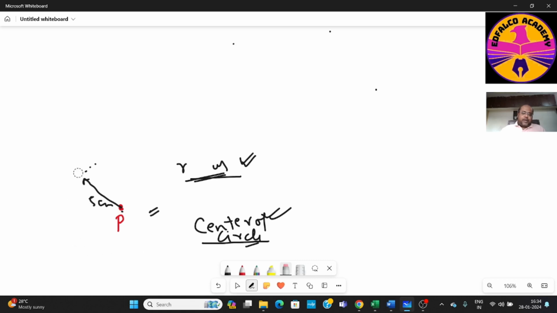Some of you might already be aware what the tangent means. Tangent is nothing but a simple line that we talk about. So in a circle, what is the meaning of the tangent? A tangent is a line to the circle.